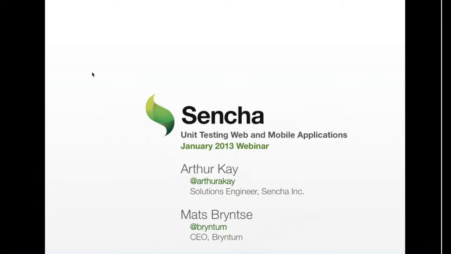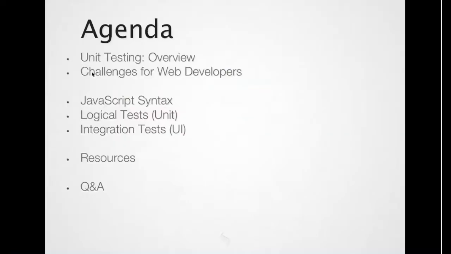Fantastic. Thanks, Mats. So today's webinar is really a follow-up to two articles that I've recently written on Sencha's blog that deal with the topic of unit testing. And for those of you who may not have had a chance to read those articles, I'm going to start from the beginning and dive into some detailed examples using a sample project that I mentioned in those two articles.